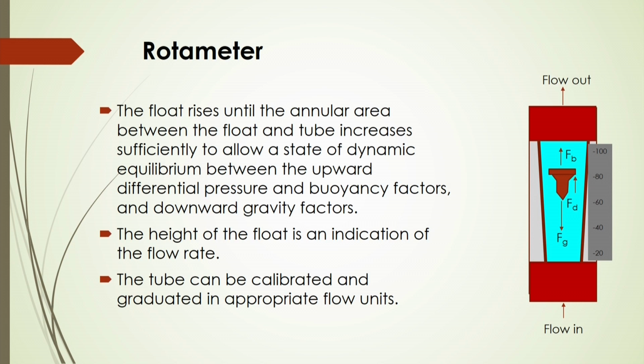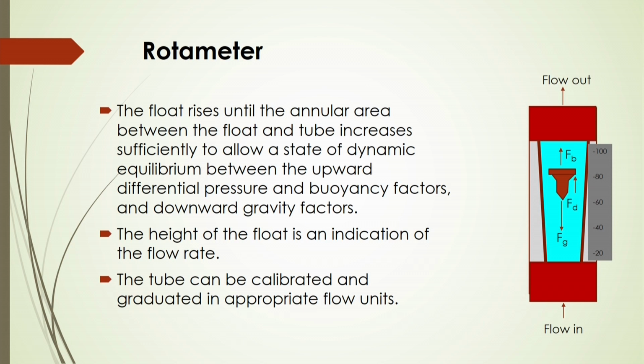The float rises until the annular area between the float and the tube increases sufficiently to allow a state of dynamic equilibrium between the upward differential pressure and buoyancy factors and the downward gravity factors.